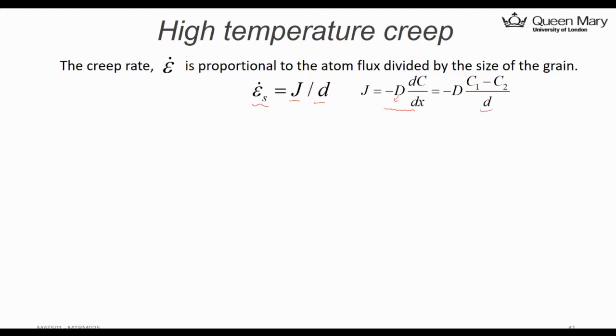This is related to the distance from the source to the sink. You can think about this as one grain, and that's the size of the grain. So the strain rate is like velocity divided by a displacement, or divided by a length of the material, which is the grain size.